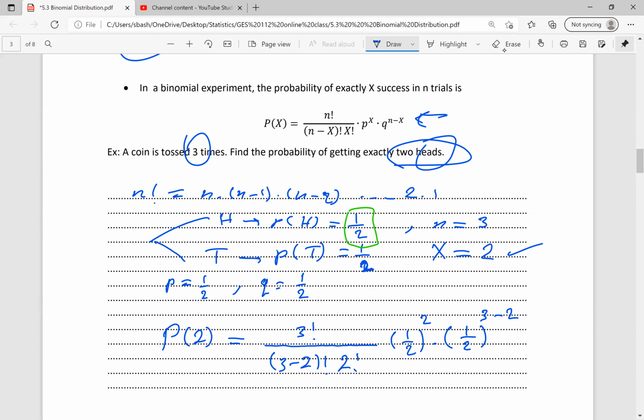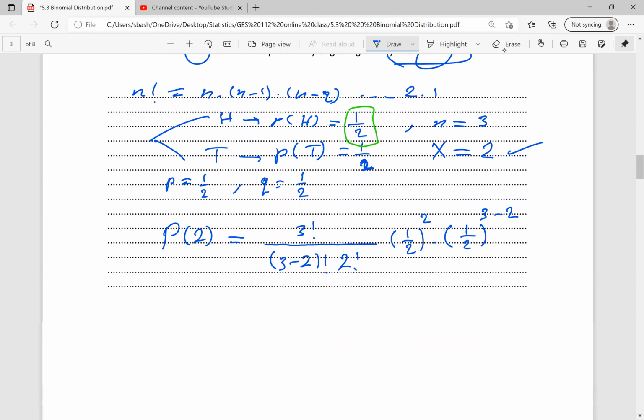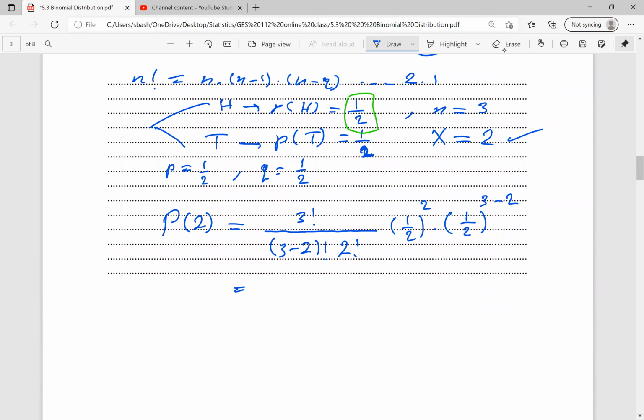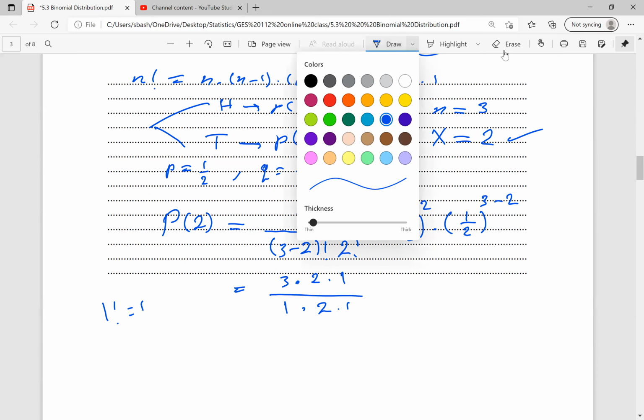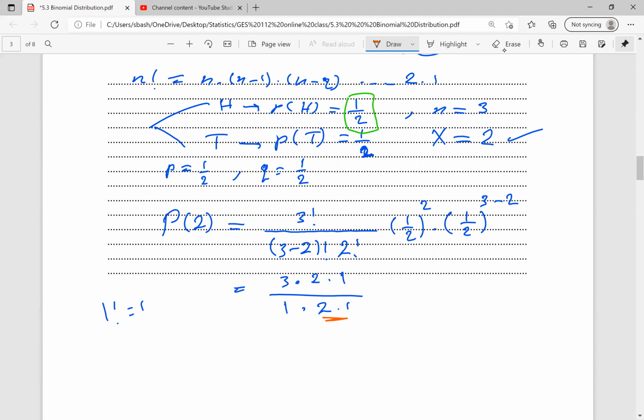So 3 factorial means 3 multiplied by 2 by 1. This is the meaning of the factorial. 3 minus 2 is 1 factorial. 1 factorial equal to 1. Multiplied by 2 factorial, it is 2 multiplied by 1. This is the factorial of 2.